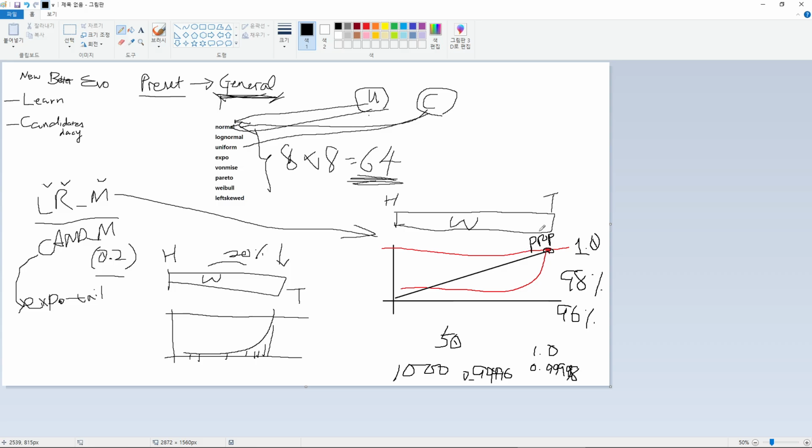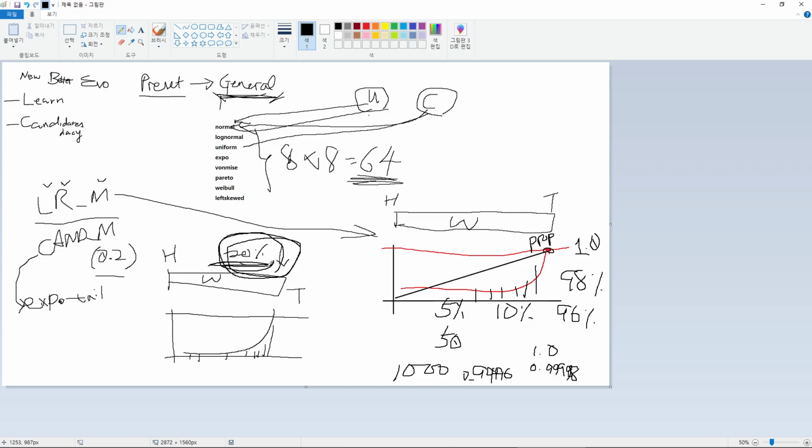So that's why I chose it, because if the learn rate just drastically goes down to like 10% or 5%, it doesn't matter how many entities I choose.